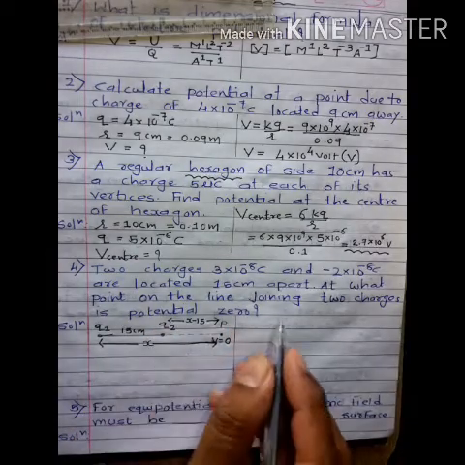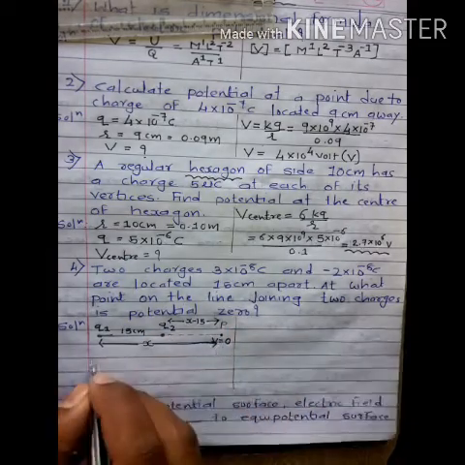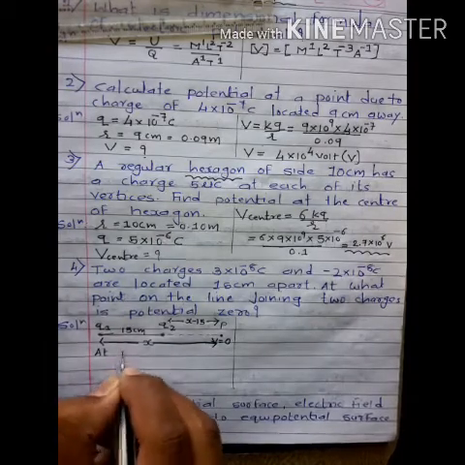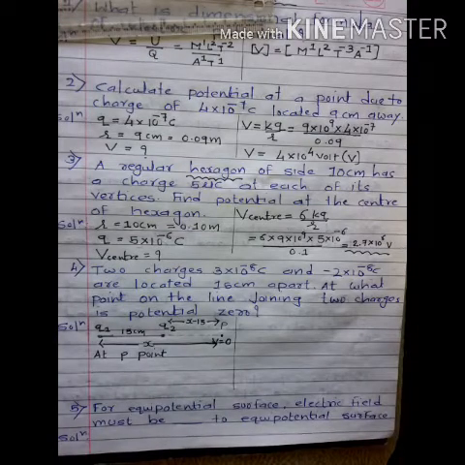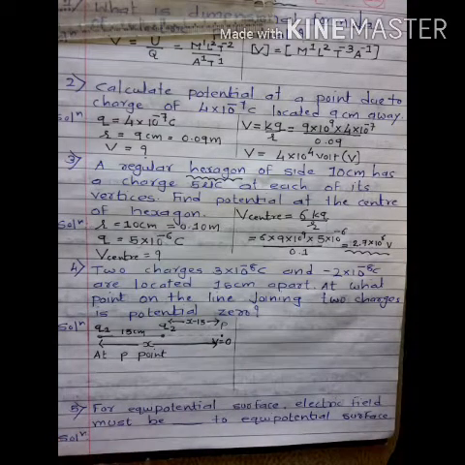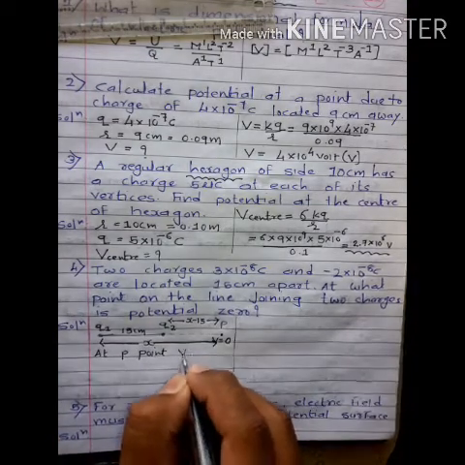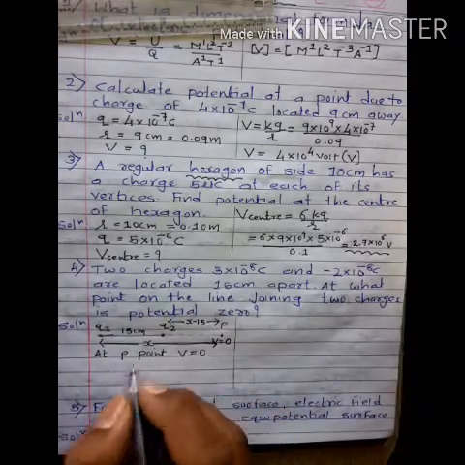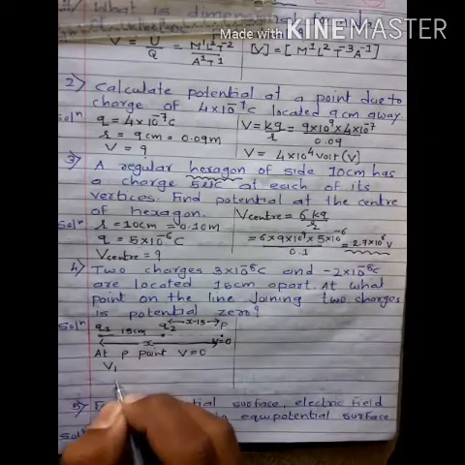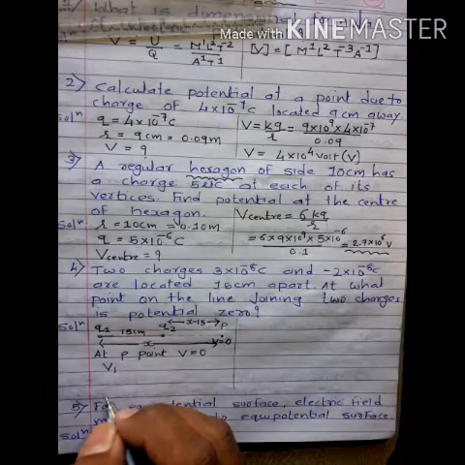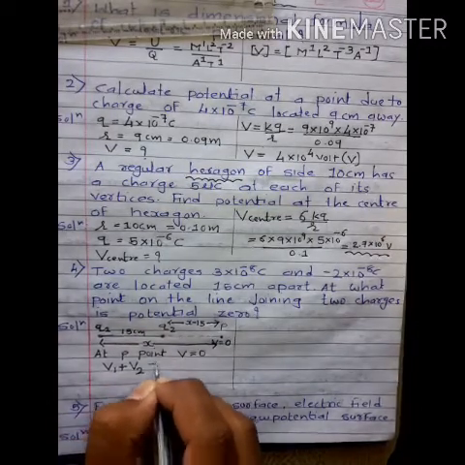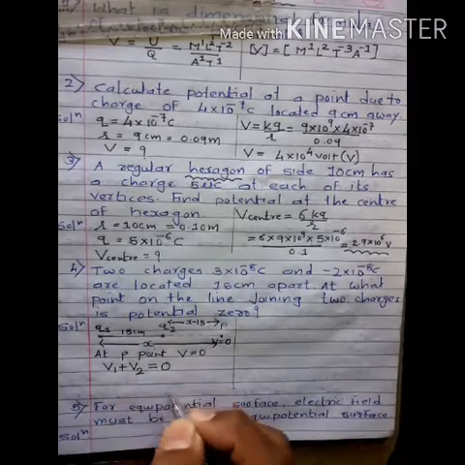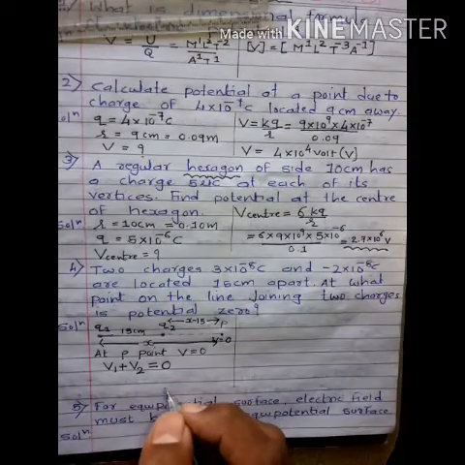Now here the total potential at point P is 0. So at point P the total potential V is equal to 0. We have 2 point-like charges, so the total potential V is equal to the potential produced by the first charge plus the potential produced by the second charge, means V1 plus V2 is equal to 0.